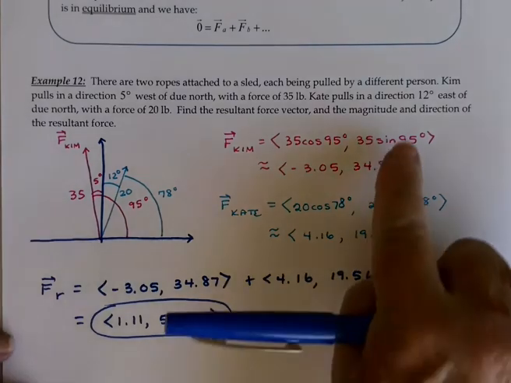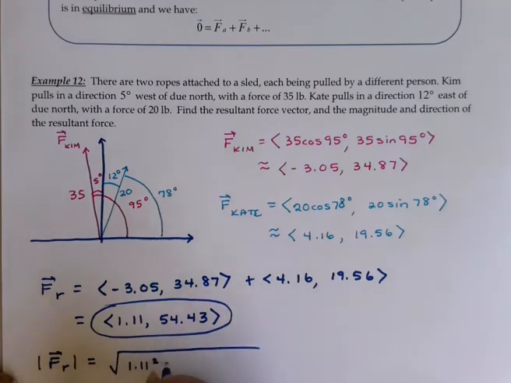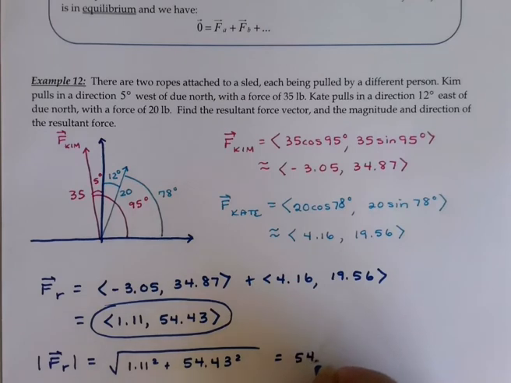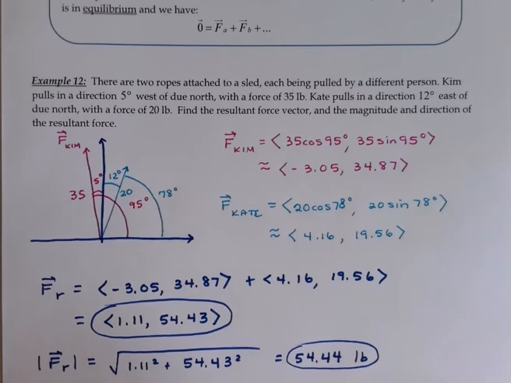Let's go ahead then and get magnitude and direction. So the magnitude of the resultant force is about 54.44, and let's see here, that would be in pounds. And the direction of the resultant force, let's just draw it here.